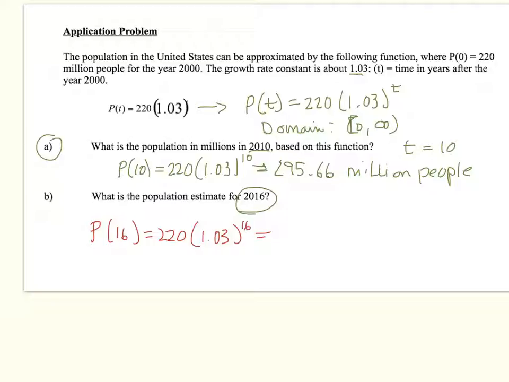And when we try that problem out, we get the following answer. 1.03 raised to the 16th power times 220, and we get approximately 353.04 million people.